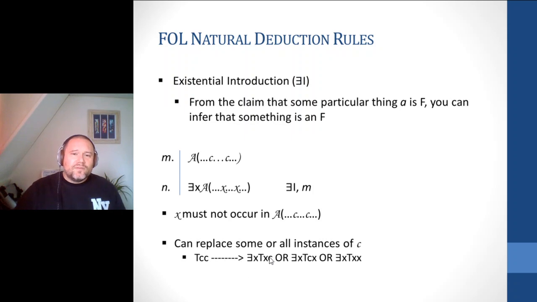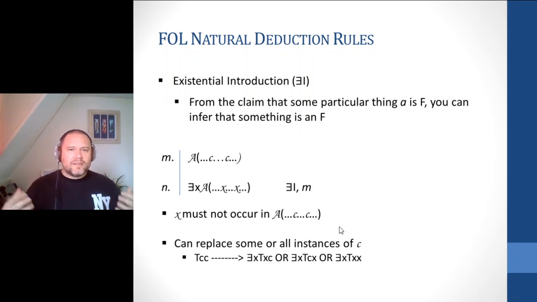You could derive this sentence, which replaces just the first occurrence of C, or this sentence, which replaces just the second occurrence of C, or this sentence, which replaces both occurrences of C. All 3 of these are equally good derivations. All would be good sentences you could derive using existential introduction from this sentence.